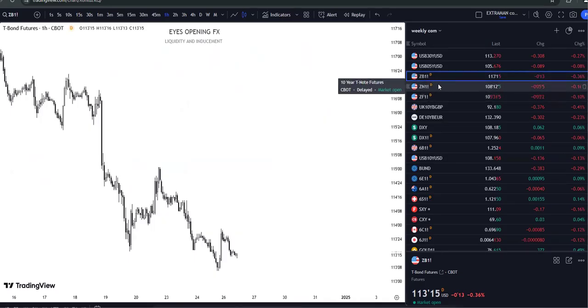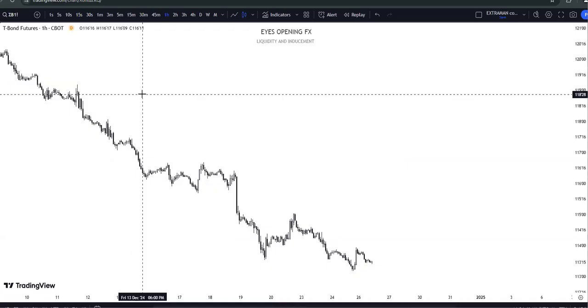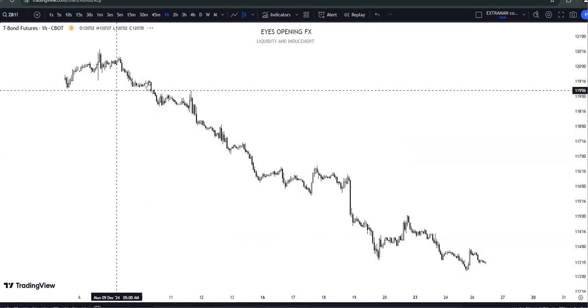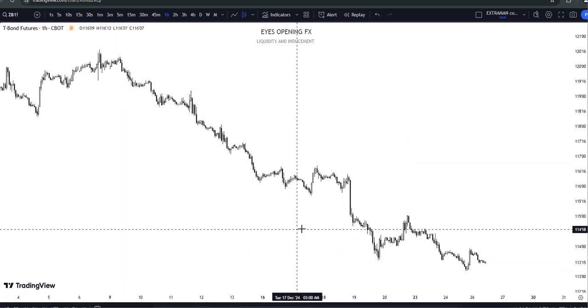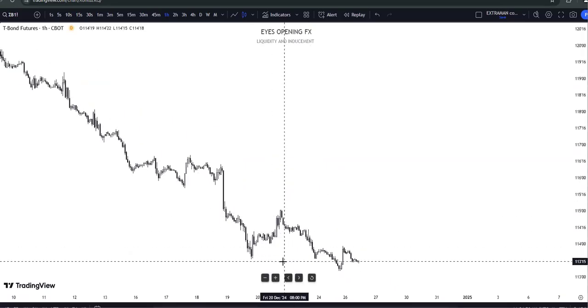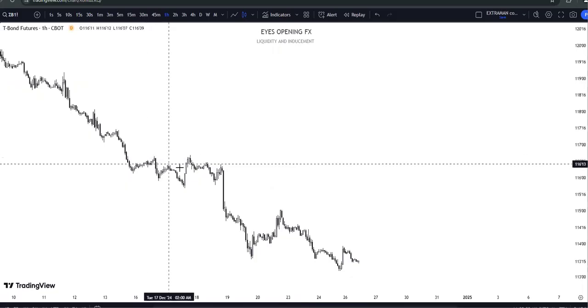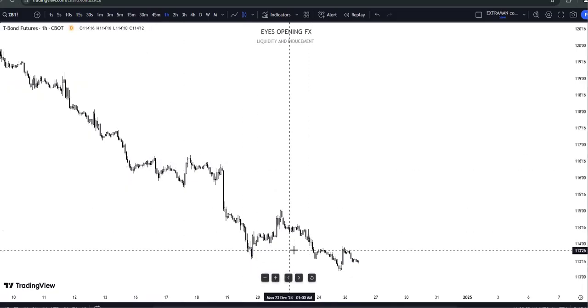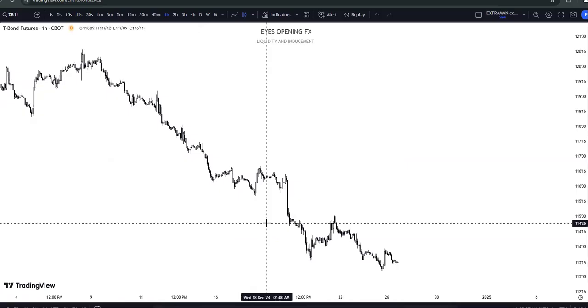So we'll be using one, which is 30 years bond futures. When the market is trending to the downside, like I said, as a leading indicator, it first starts affecting the interest rate market before it affects USD.